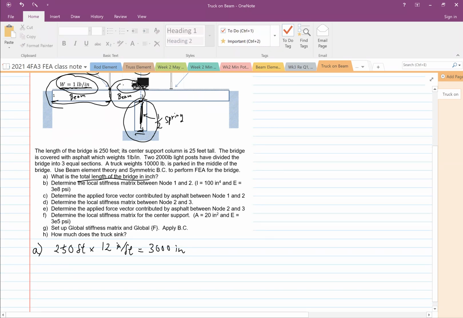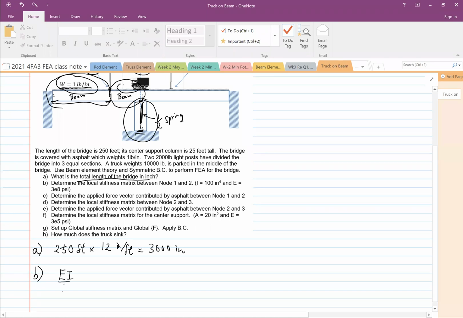The local stiffness matrix between nodes 1 and 2. Okay. I was so nice beforehand, you know. Between nodes 1 and 2 is what? It's a beam element. What is the force? What is the equation?